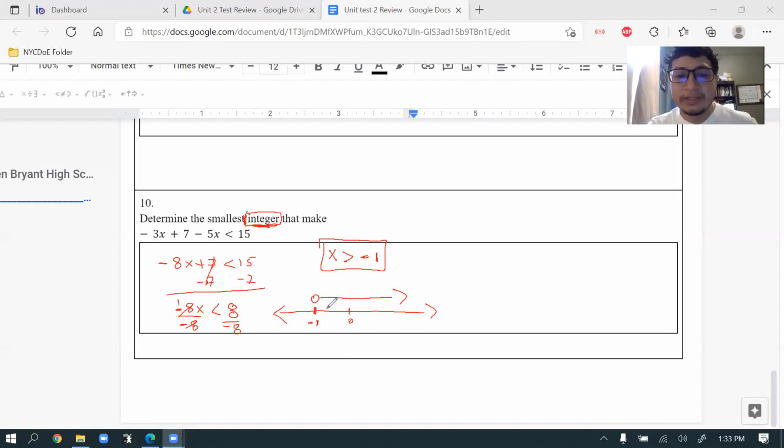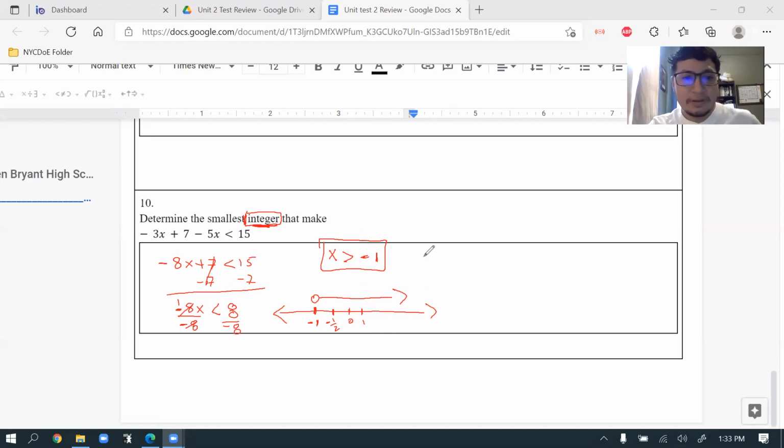So here in this solution set, of course, negative a half is not an integer. So the next integer after that is going to be 0, and then the next one after that is 1. But it's saying the smallest integer that makes this inequality true is going to be 0, because 0 is a whole number, and it is the smallest whole number that makes this inequality true.